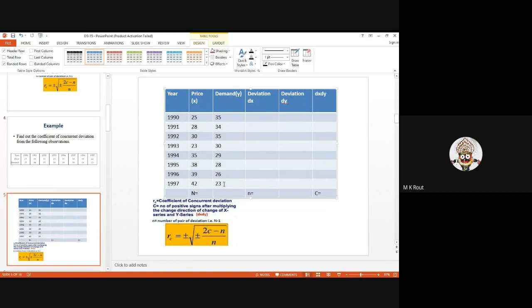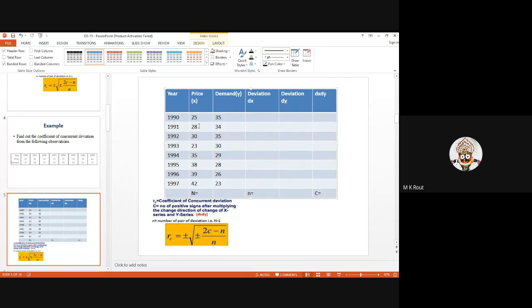First, you have to calculate the plus or minus deviation from the X series. Clear? Then you have to calculate the plus or minus deviation from the Y series.